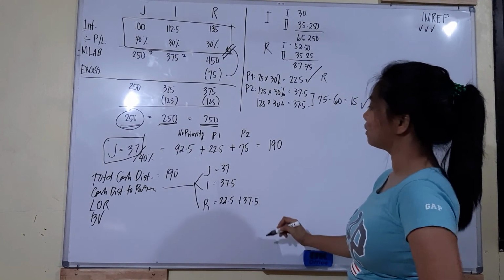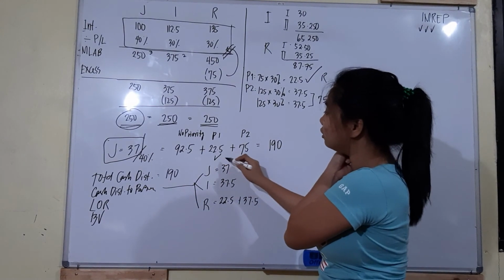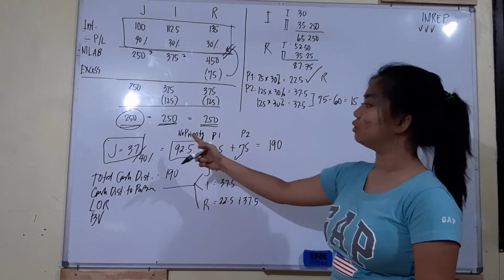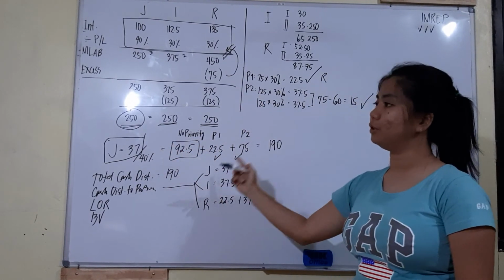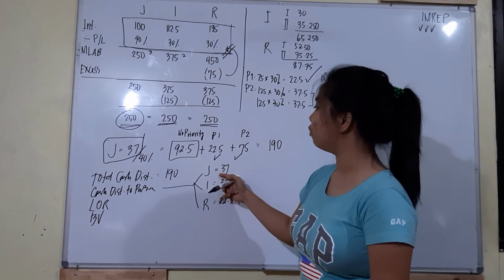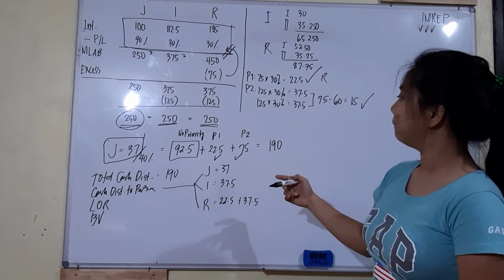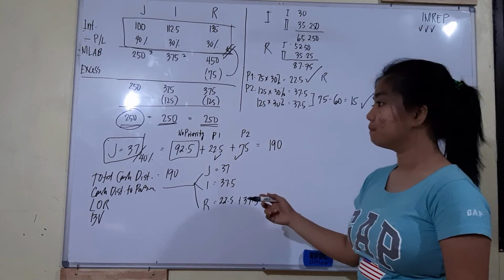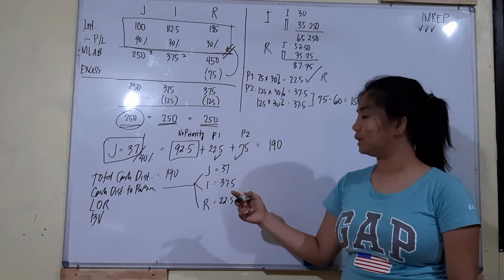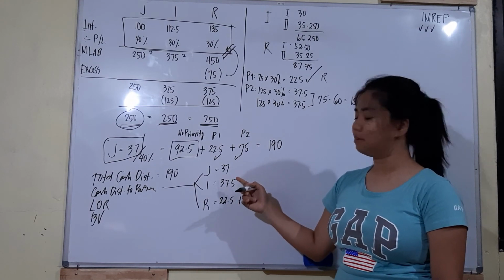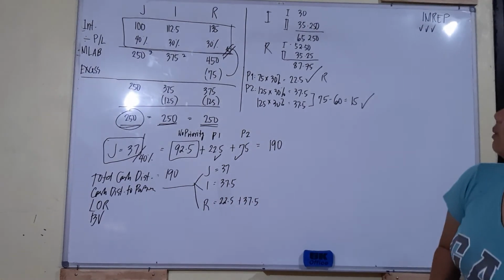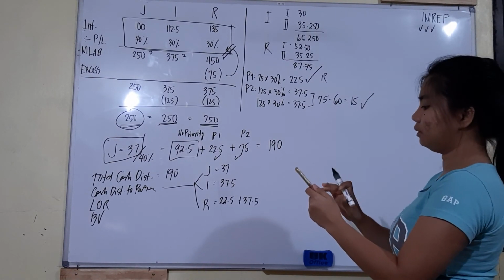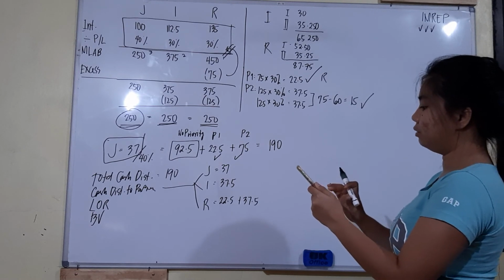Then, ano pa? Dito sa no priority, 37 lang dyan yung kay Jeff. Ibig sabihin, in excess of 37, so meron pa silang makukuha. Magkano pa ba yung excess natin dyan? Tignan na natin. 92.5 minus 37.